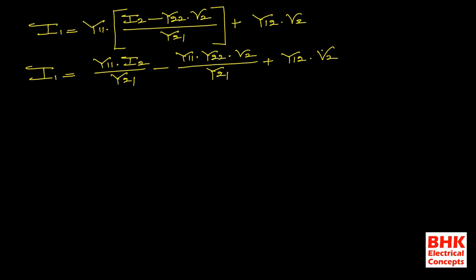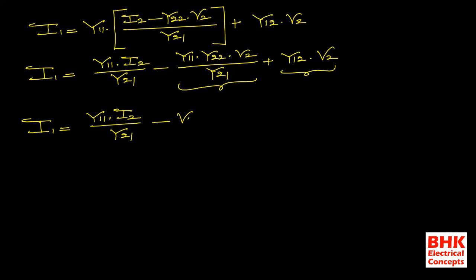You can observe that in the second and third terms V2 is common. Now take V2 common here. So I1 is equal to Y11 I2 divided by Y21 minus V2 times Y11 Y22 divided by Y21 minus Y12.